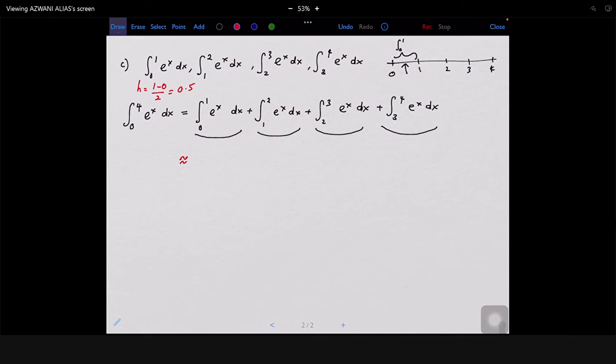Okay, so 1/3 H kita adalah 0.5 bahagi dengan 3. Ataupun saya boleh rewrite this as 1/6 lah, cantik sikit kan. Okay, 1/6.